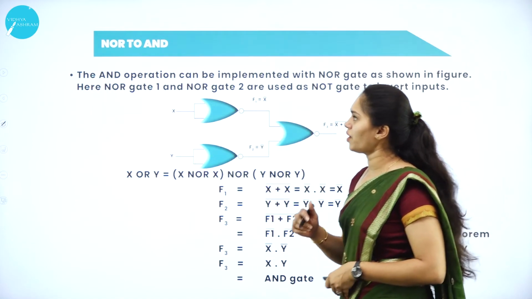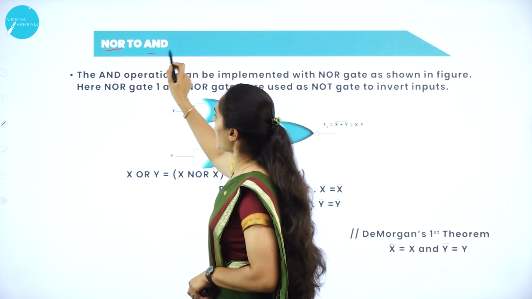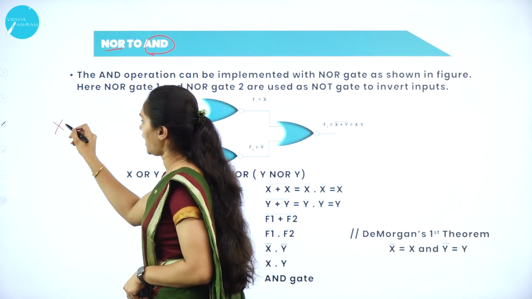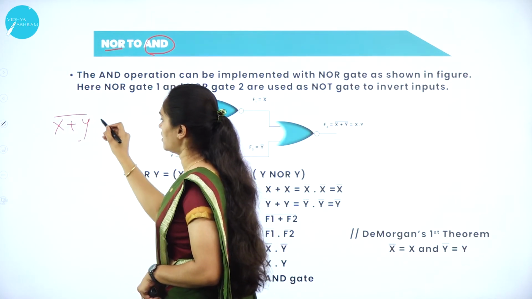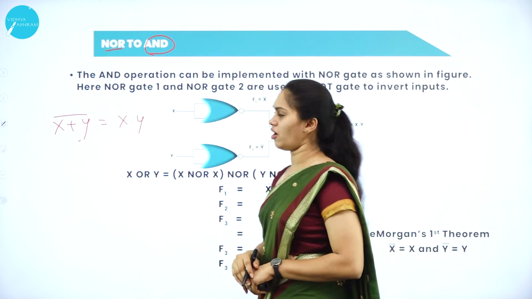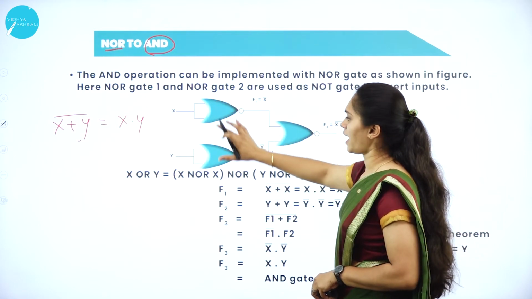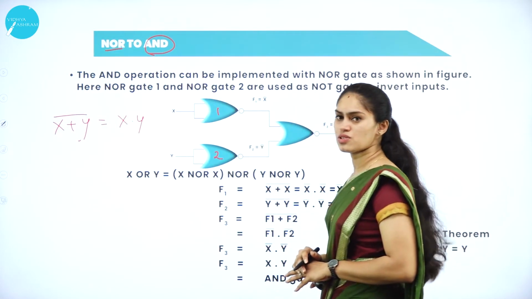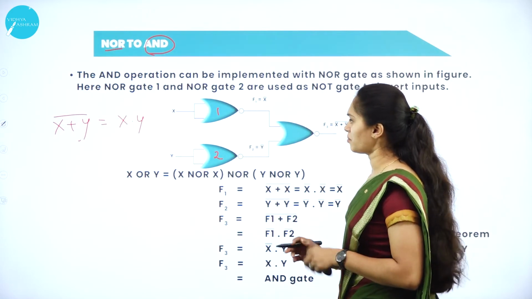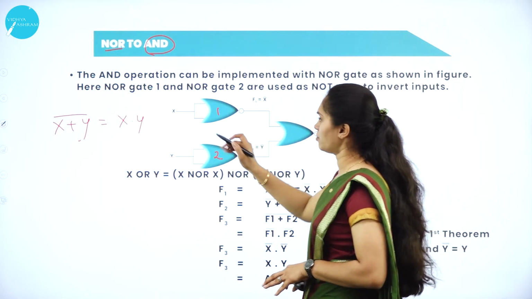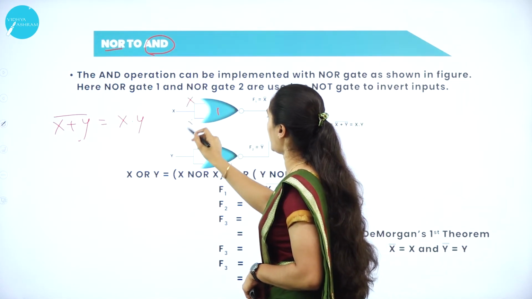So now we'll see how we are going to convert from NOR to AND. So what will be the input then? Input will be x plus y whole bar. My output must be x dot y. We'll see how it is going to happen. Here I have 2 NOR gates, NOR gate 1 and NOR gate 2. So these are the two inputs that I am giving. Here I am shorting the first input, so it becomes x and x.